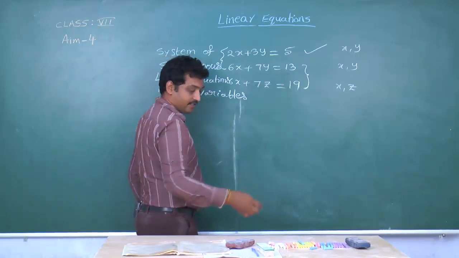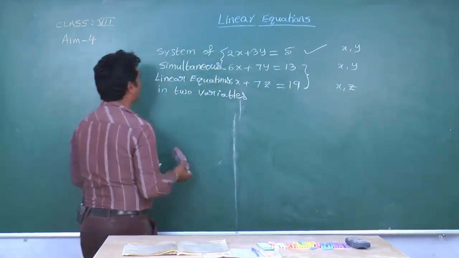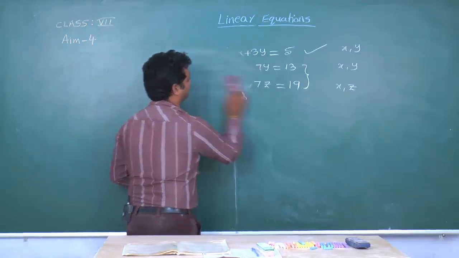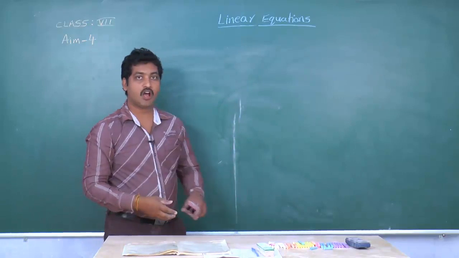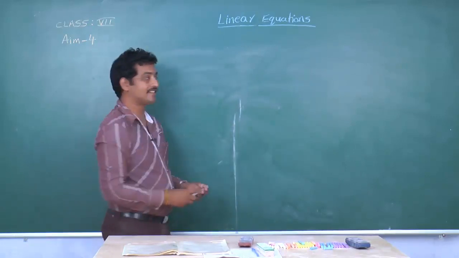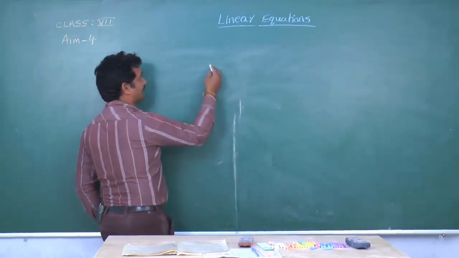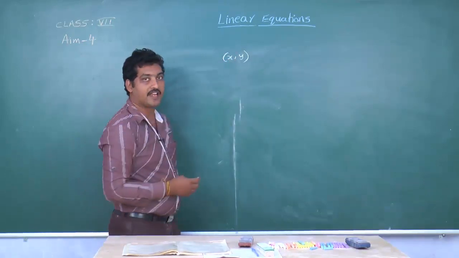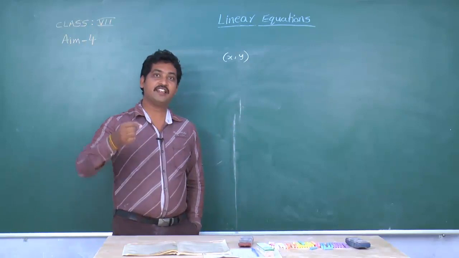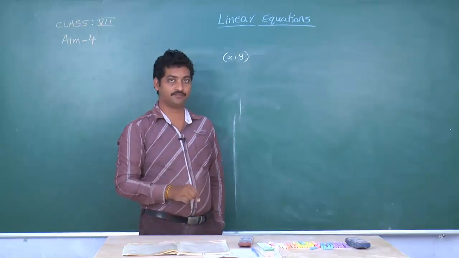So whenever we have a system of simultaneous linear equations, the solution of that system is defined as: if that solution x, y satisfies each and every linear equation in that system.